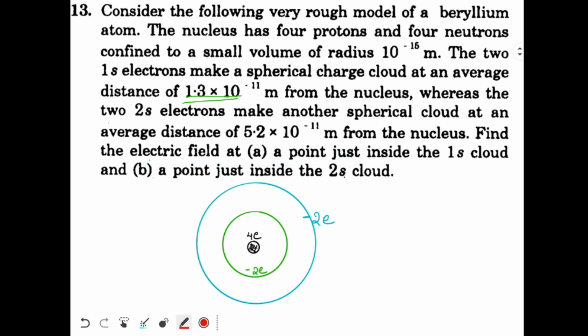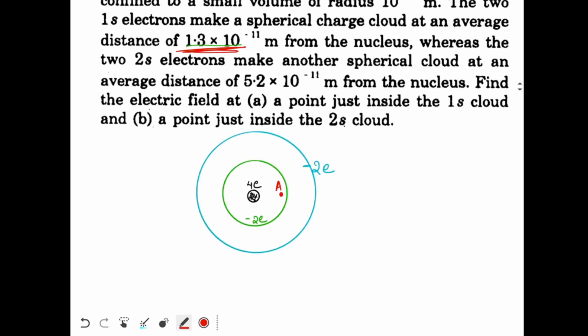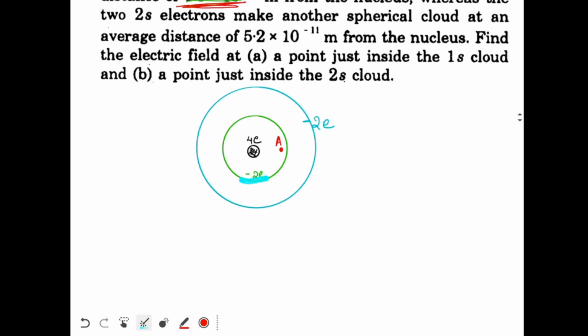So the first point they are asking about is point A. To find the field at point A, which is just inside the green sphere, just inside means we have to use this radius 1.3 into 10 power minus 11. That's very easy. This outer shell cannot create a field at a point inside itself, and this shell also cannot create a field at A. So at A both shells will have zero electric field.